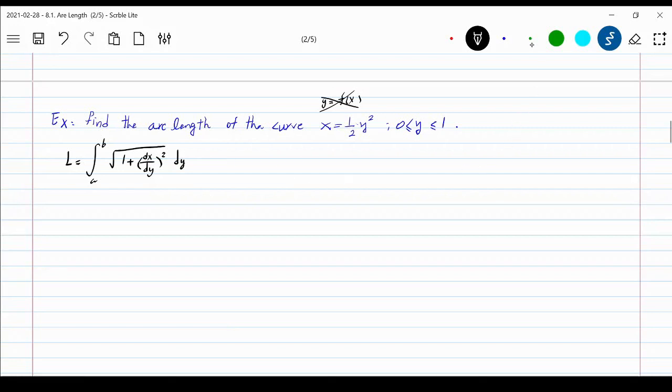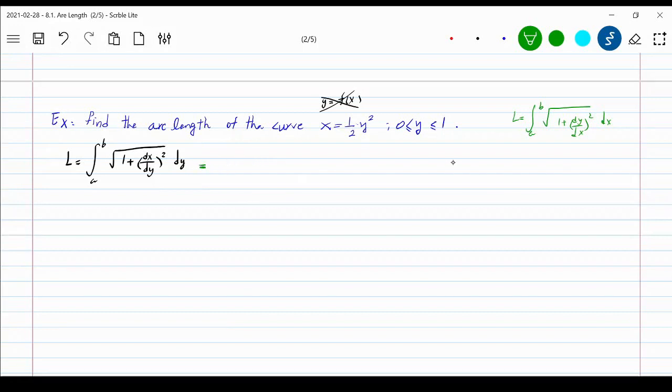Remember, the original integration is, from a to b, square root of 1 plus dy over dx squared dx. This is assuming that y is a function of x, when in this case x is a function of y. So we changed every y and x together.